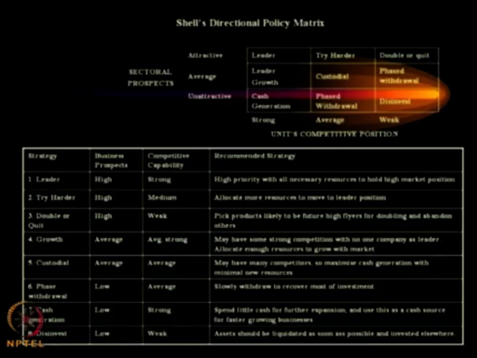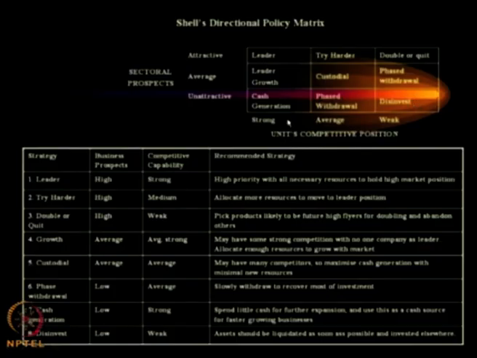The unit's competitive position goes from strong to weak. Now, how do the cells look? The cells look typically like this. It is this 3 by 3 matrix which is presented here. So, that means to say there will be 9 cells.